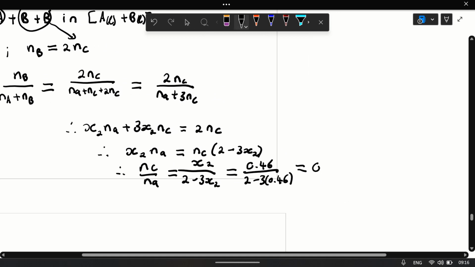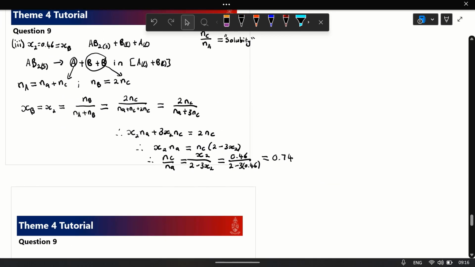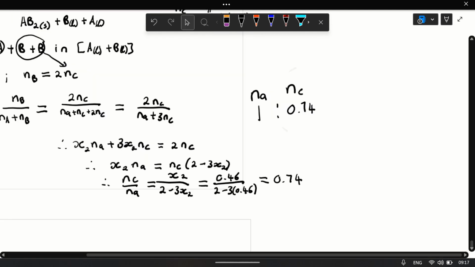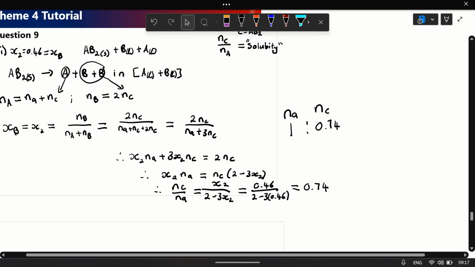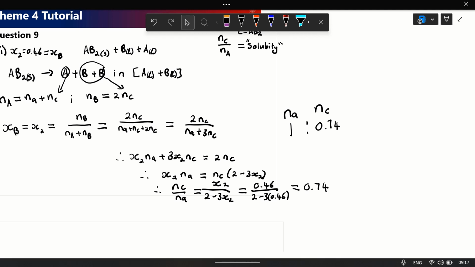Gives us 0.74. Okay. So that tells us that for every 1 mole of Na, so in other words, every 1 mole of A, there is 0.74 mole of AB2 that is dissolved in B. Right, which makes sense, that's just how to explain it.